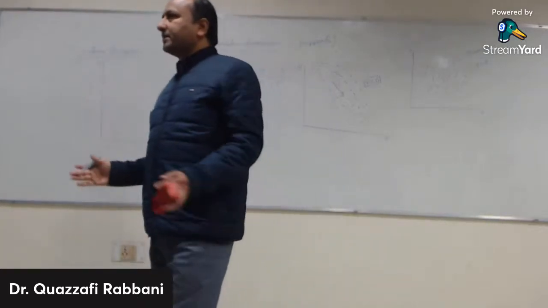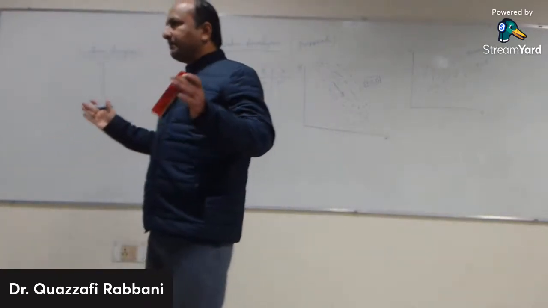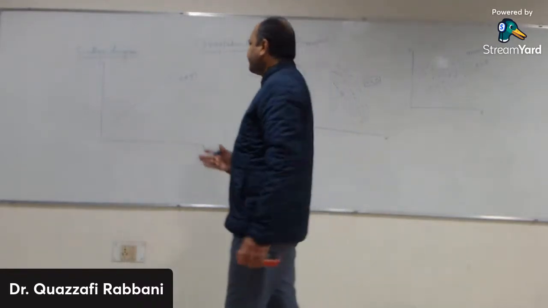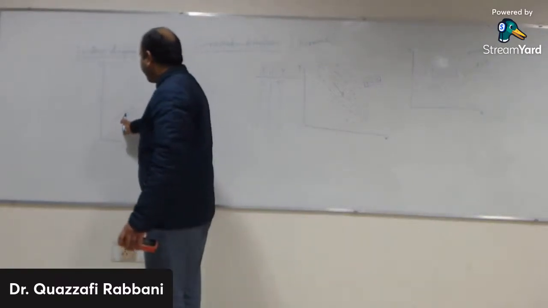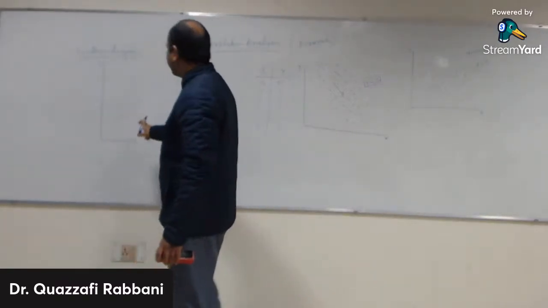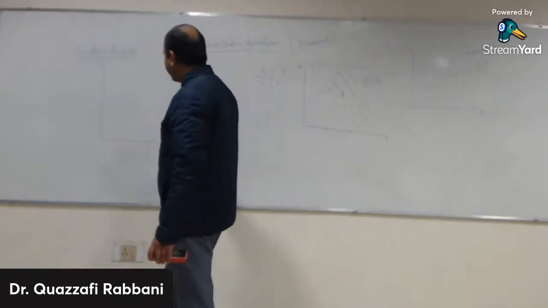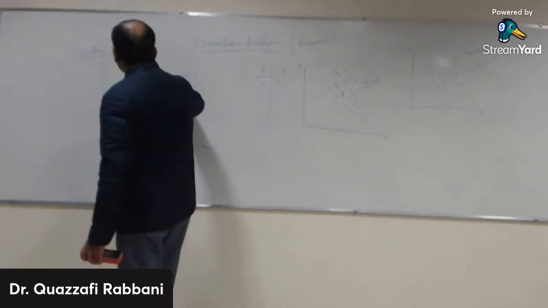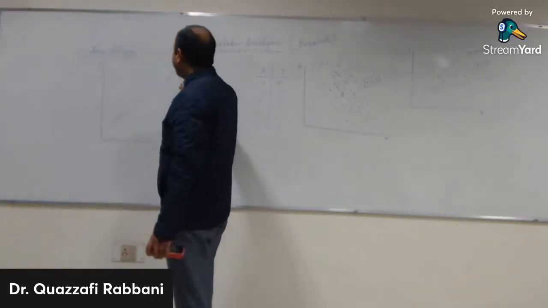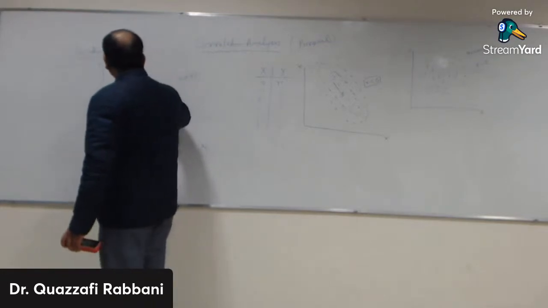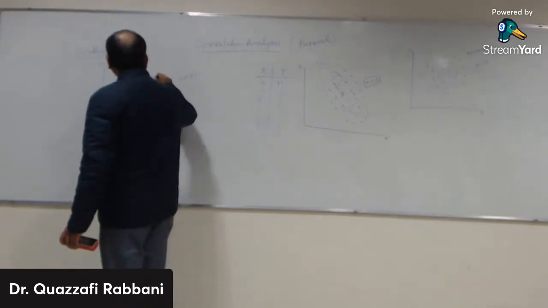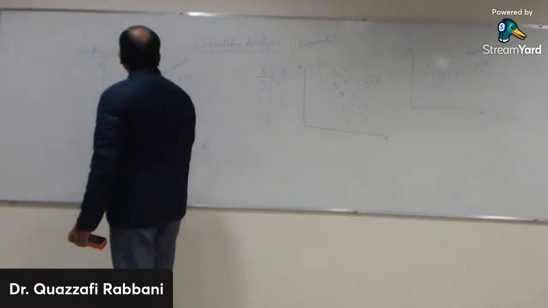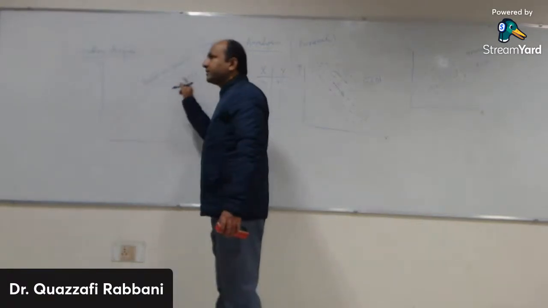If we minimize the scatteredness, then it will give you a straight line. If the curve of X and Y looks like a straight line, then the correlation is said to be perfect positive correlation, and the value of R is plus 1.